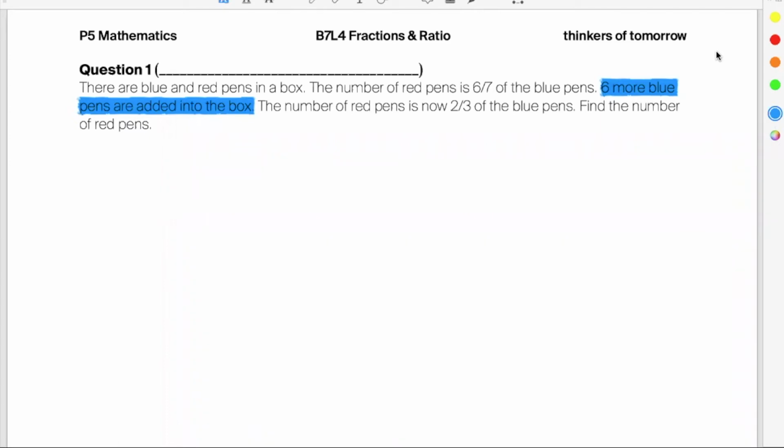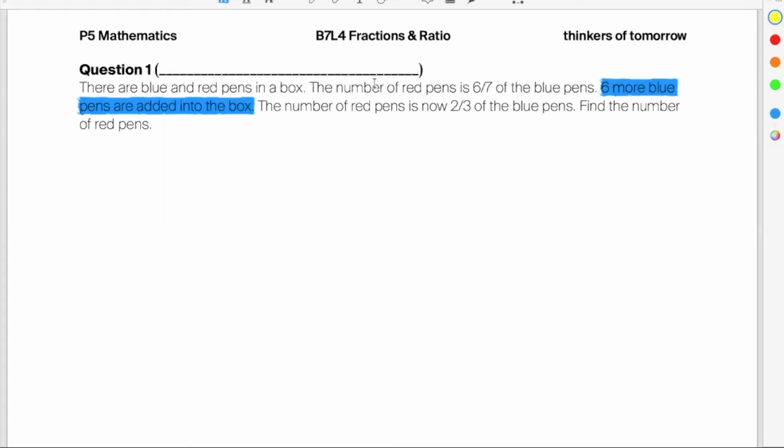Or if I were to change the statement to, I have 20% as much money as you. 20%, you can convert it to fractions also. And it suggests that for every 1 unit that I have, you will have 5 units again, right? So fractions, ratio, percentage, they are there to tell you the relationship, the proportion of the items.